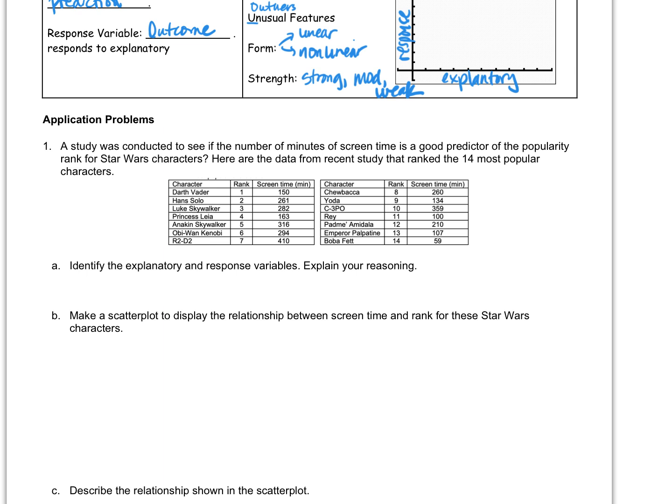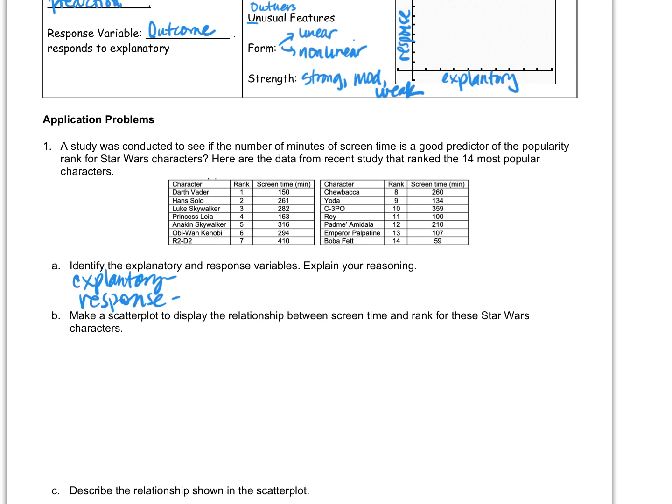Okay, so which of the two variables would be the explanatory here? Well, think about what we're looking at. We're looking at rank and screen time, right? Which one do you think is predicting the other? Or are we trying to find out? Rank predicts the screen time?